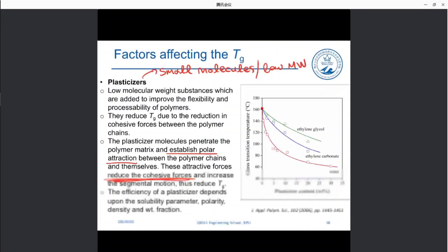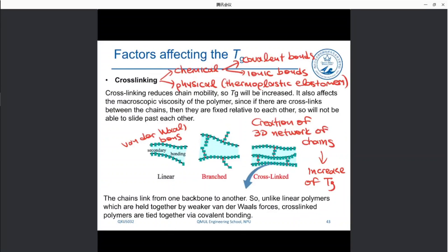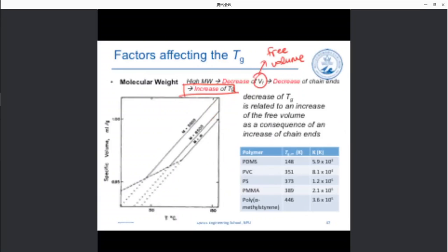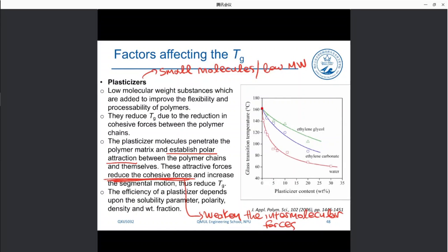So all these secondary forces here cannot take place because we add more distance between the chains. Because they weaken the intermolecular forces, they decrease the glass transition temperature.